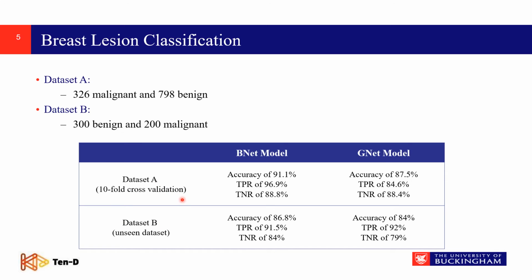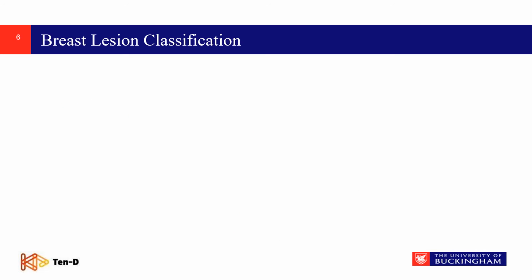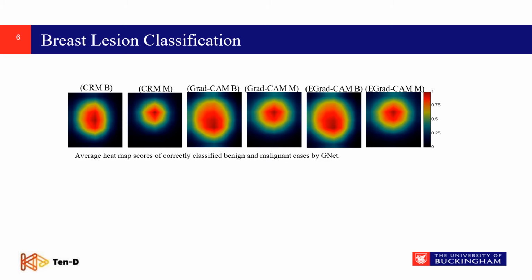We are curious about the why part of our performance, and we want to improve the trustworthiness of our models. As a part of our analysis, we evaluated the interclass differences and intraclass similarity between benign and malignant cases in dataset B. We generated a heatmap score from the Inception 5V layer of GNet with CRM, GradCam, and eGradCam with threshold 0, and we averaged their heatmap scores into a single heatmap.